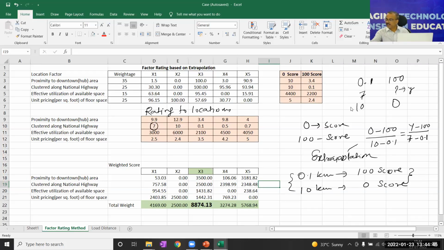So whatever the range that we have, based on that, we are trying to extrapolate what can be the value. Because for 7 kilometers, how will you decide what can be the rating? So we try to get it based on extrapolation.